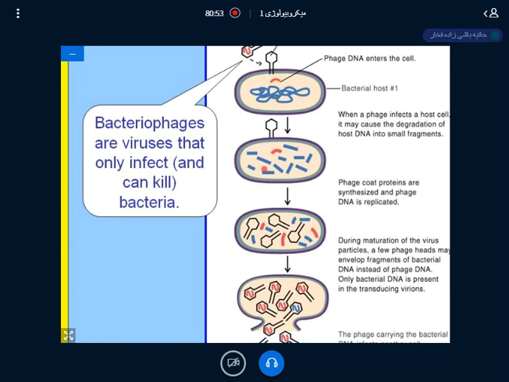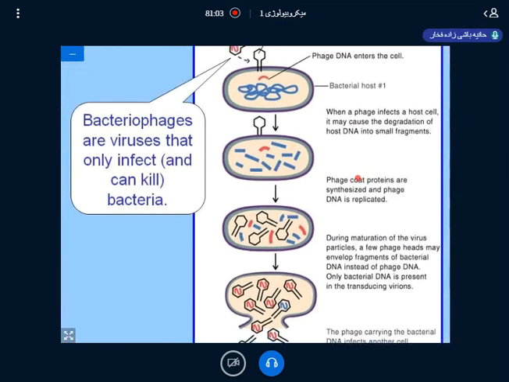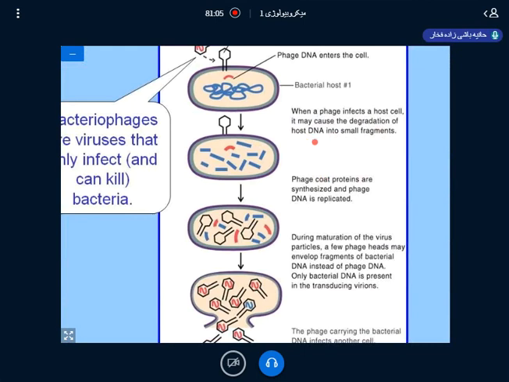Then the DNA infects the host cell, and it may cause degradation of host DNA into small fragments. Then phage coat proteins are synthesized, with DNA replication.